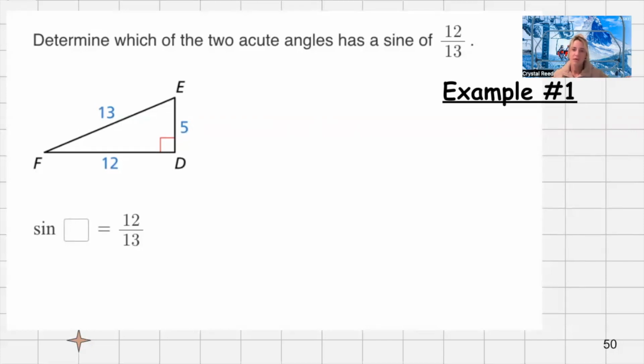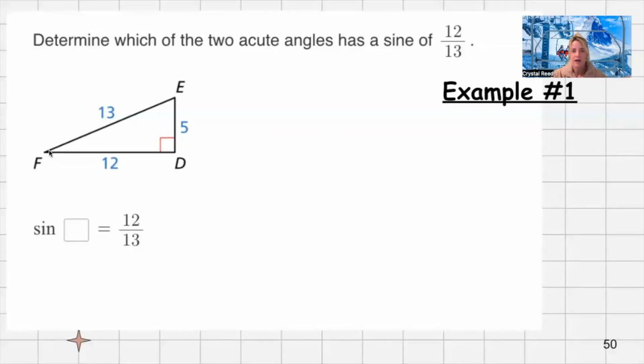Determine which of the two acute angles has a sine of 12/13. Is it going to be angle E or angle F? Think about this one for a second. Which angle has a sine of 12/13? Okay, fine.